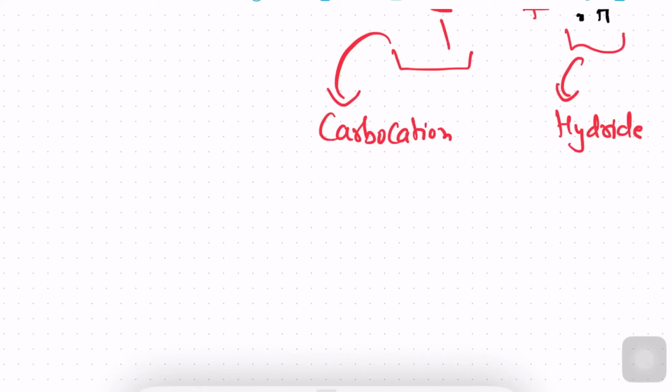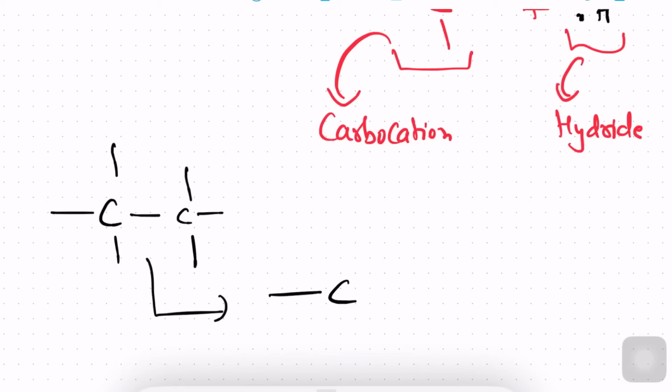Now here you can also see the situation when we are going to have heterolytic cleavage in between carbon. In that situation, let's suppose this carbon is going to retain both of the shared electrons. It is going to carry the negative charge.